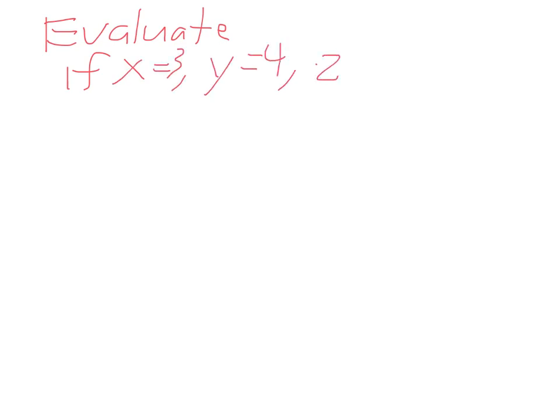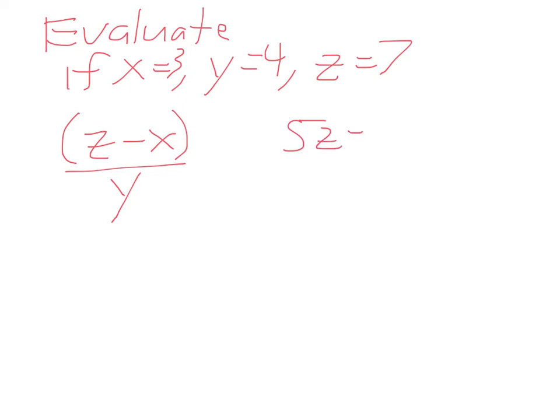Evaluate if x equals 3, y equals 4, and z equals 7: z minus x over y, and 5z plus x plus 4y minus 15. You do those two problems and you come in tomorrow and let me know what you got. All right, we'll see you tomorrow.